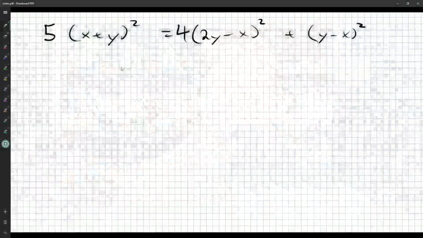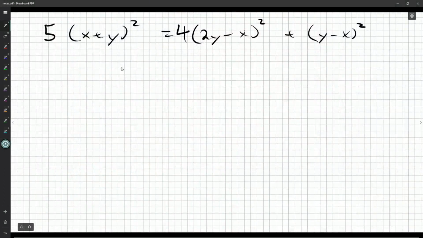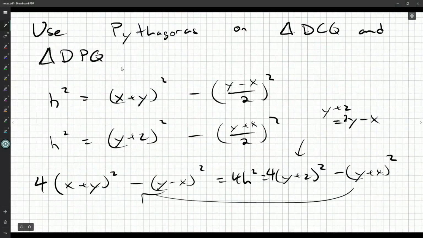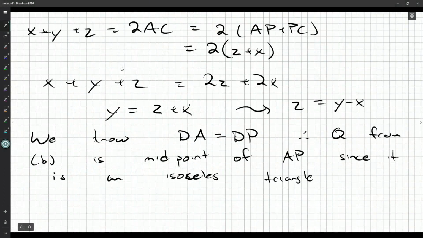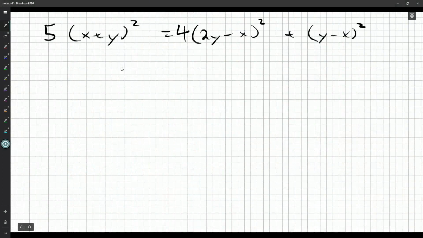We can't solve for x and y, but remember we don't actually want to. We should probably keep everything in terms of z, because we actually need z over x. So we can instead say y is x plus z. That's what it is.